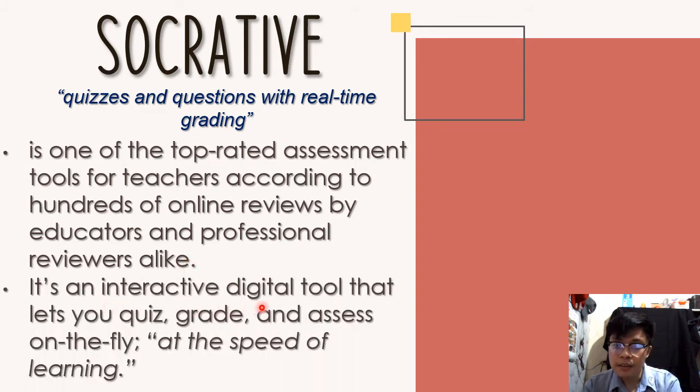It's an interactive digital tool that lets you quiz, grade, and assess on the fly at the speed of learning. So the results can be immediately graded, and these are going to be shown after the activity or quiz given by the teacher. And this tool is really perfect for interactive lessons online.